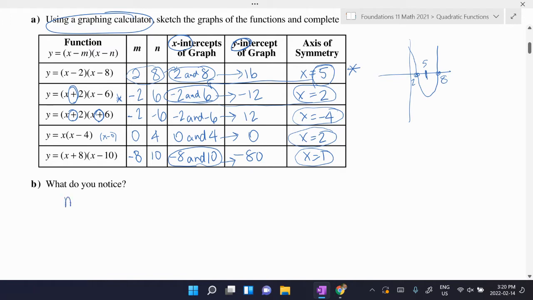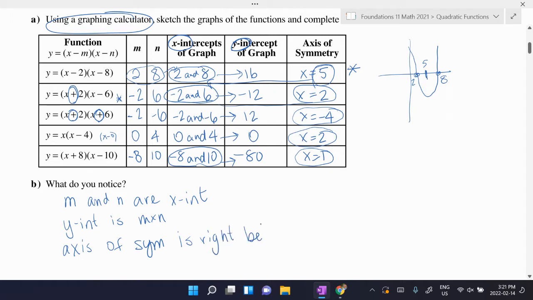So let's write this out a little bit. m and n are x-intercepts. The y-intercept is m times n, and the axis of symmetry is right between m and n.